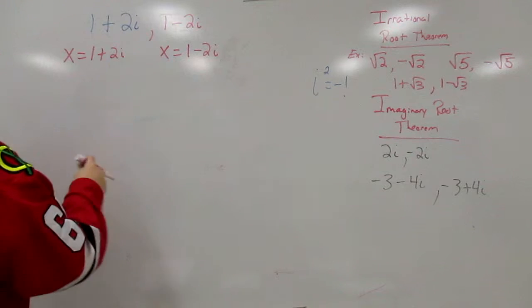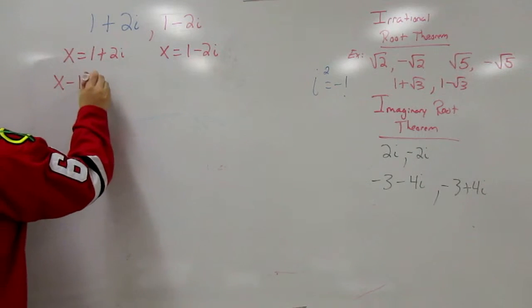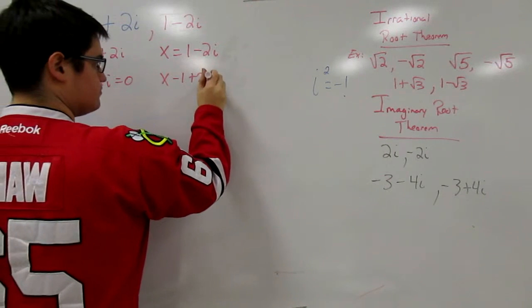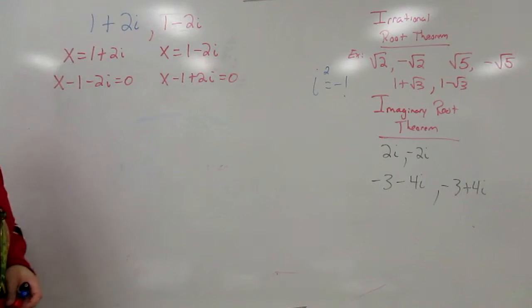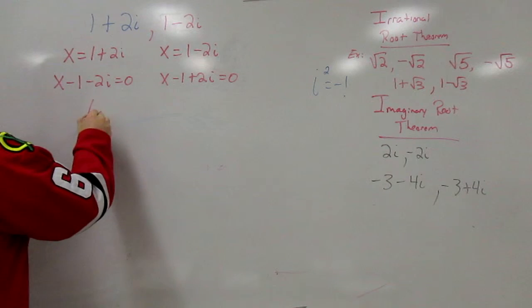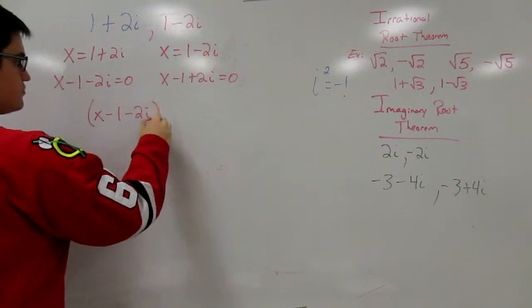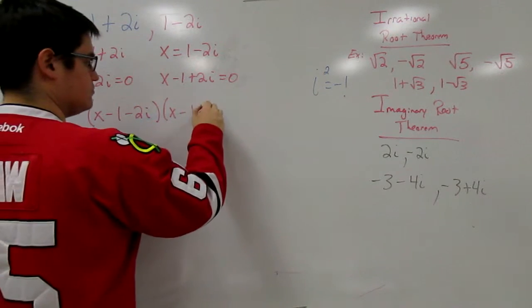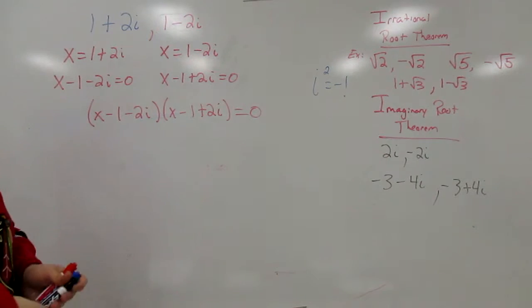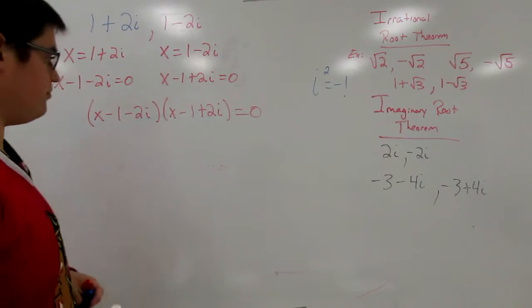Bring everything to one side: x minus 1 minus 2i equals 0. To apply the zero product property, let's take their products. Great. Do your best friend in the world, triple distributing.